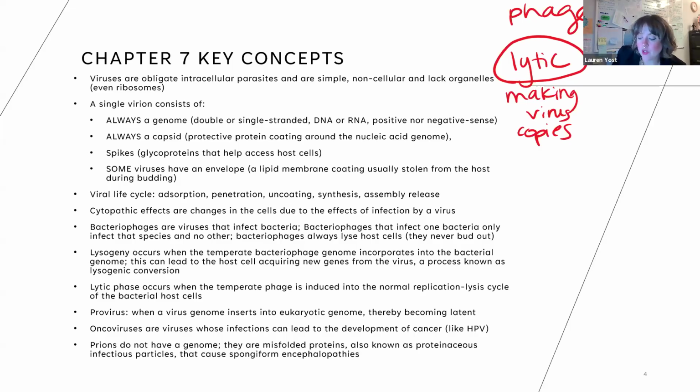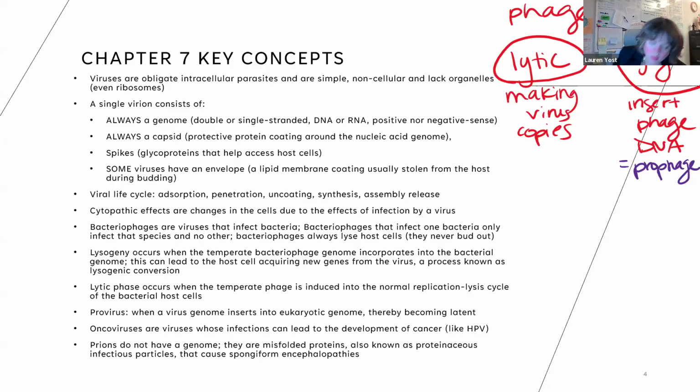We also have some that can switch between lytic and lysogenic. In the lysogenic phase, we have inserted the virus, the phage DNA. This creates a structure that we call a prophage into the host bacterial genome.